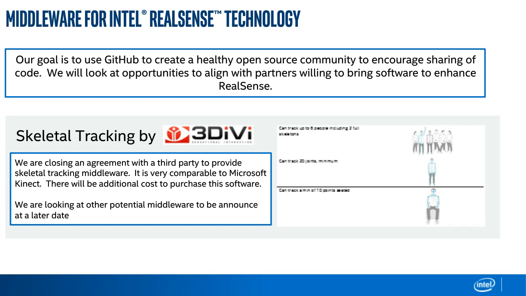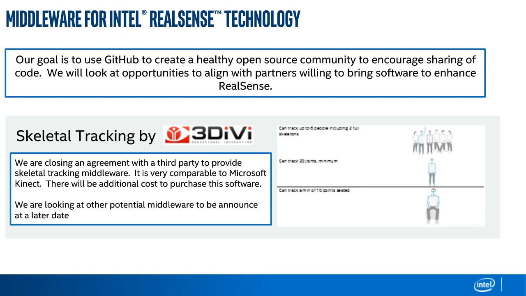Of course, the company themselves will charge some amount for the licensing, but our idea here is to not stop at skeletal tracking, but look at all these middleware pieces that can add another depth to our camera to make it easier for developers out there to go from just coding to doing something amazing with the pieces that we've already provided.